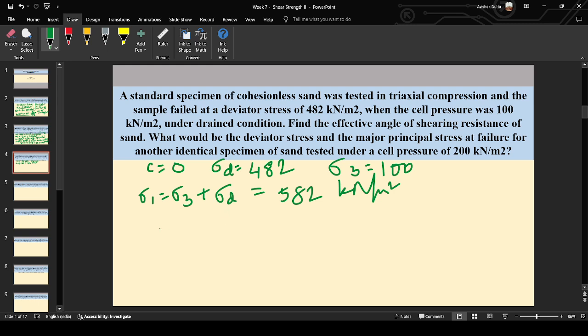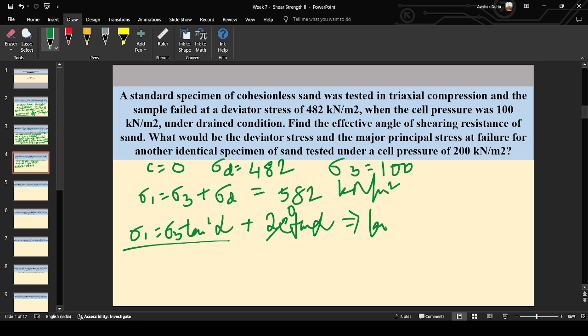Now we know the equation from the triaxial test, sigma 1 equals sigma 3 tan square alpha plus 2c tan alpha, with c equal to 0. So from here we can write tan alpha equals root over of sigma 1 divided by sigma 3.